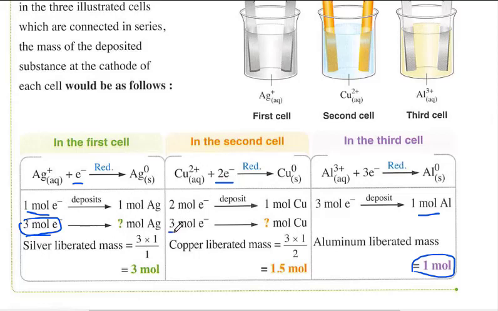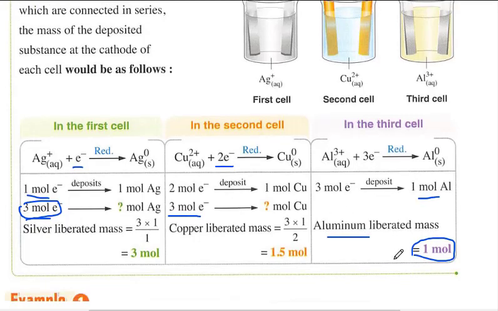We pass 3 moles through these 3 cells. So 2 moles of electrons relate to 1 mole of copper. So 3 moles of electrons relate to how much? We calculate it is 1.5 moles by cross multiplication. And in the same way, we can calculate aluminum. 3 moles of electrons deposit 1 mole of aluminum. So the liberated amount of aluminum when we pass 3 moles of electrons is 1 mole.